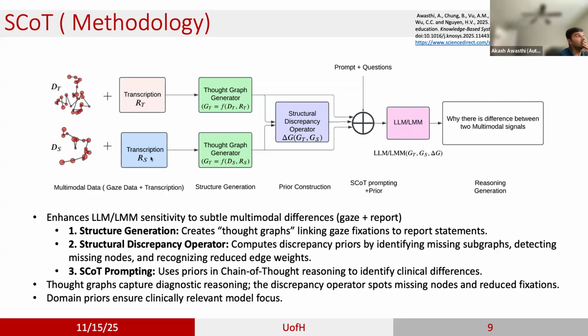We take the student gaze data and teacher gaze data and create a scene graph. We call it a thought graph. DT represents the teacher data, and using the student gaze data and student report, we create DS, which is also a thought graph. I'm going to show you what this graph looks like.